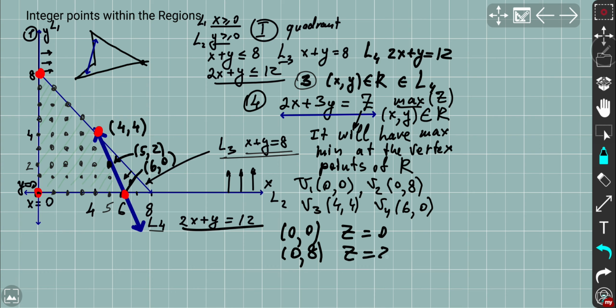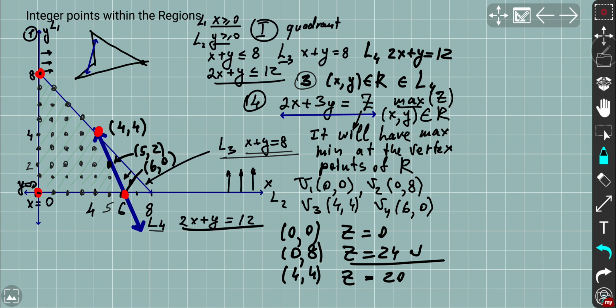Z is 24 in this case. If we plug 4 and 4, we'll get 4 times 2 is 8, 3 times 4 is 12, so we'll get 20. So obviously right now 24 is the highest value, and it occurs here at vertex 2.